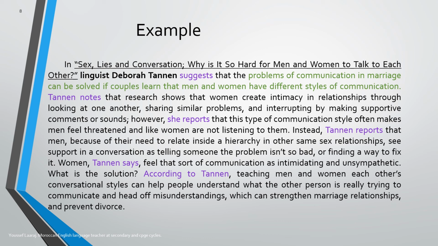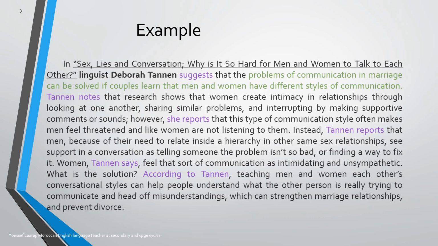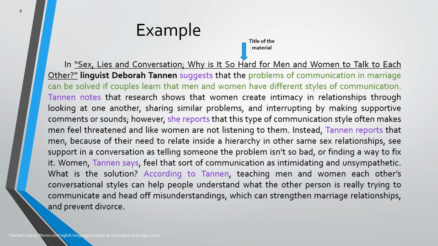That's why I put different colors there to show the different parts of this summary. What you see in purple are the reporting expressions and verbs. So we have here the first one, suggests, notes, reports, says, and according to Tannen. You see here the title I underlined.